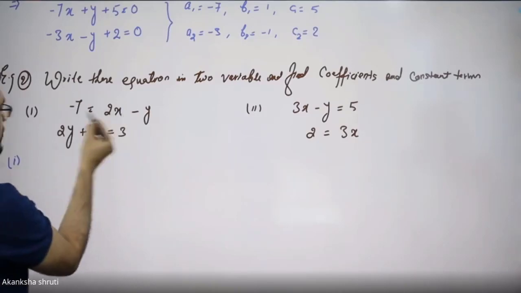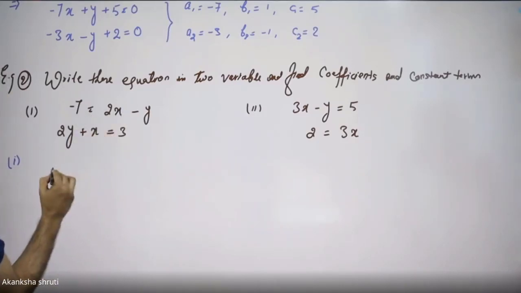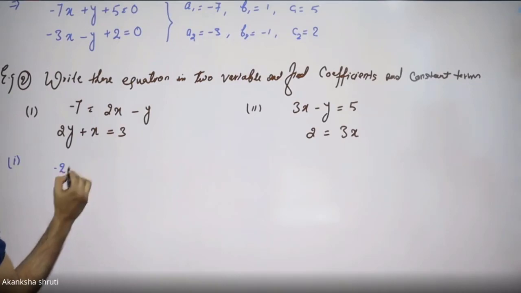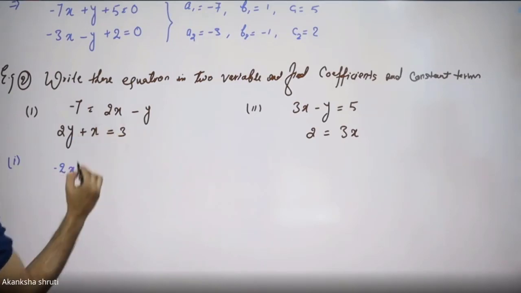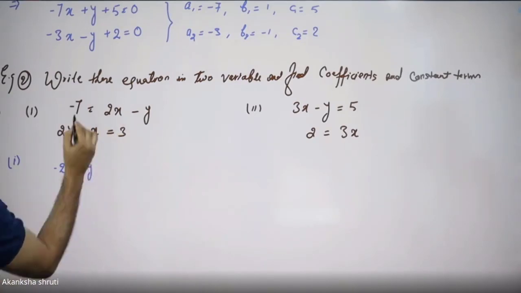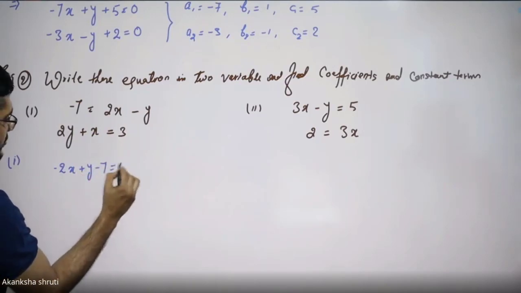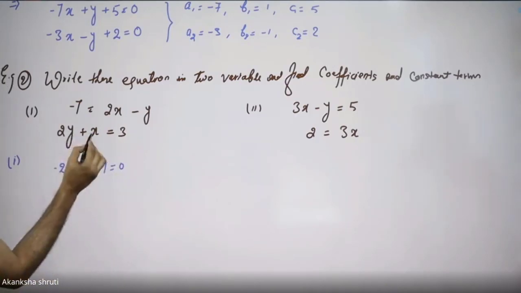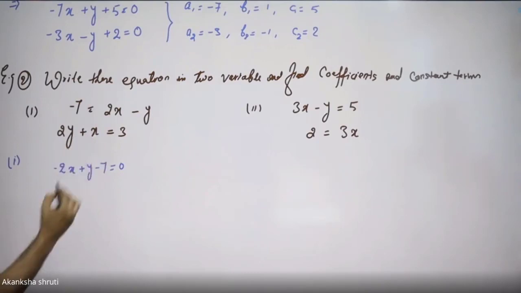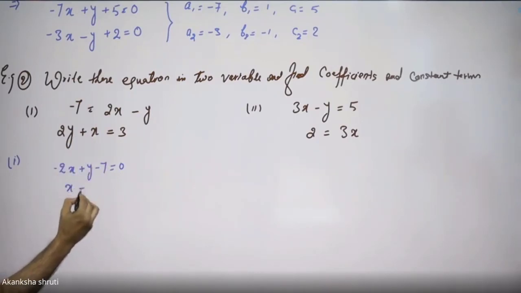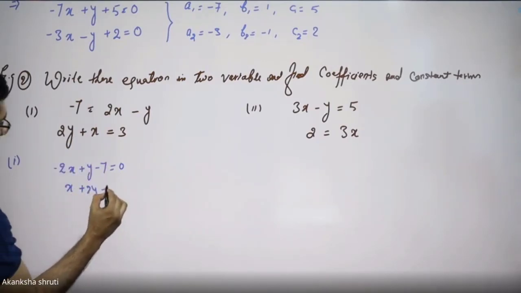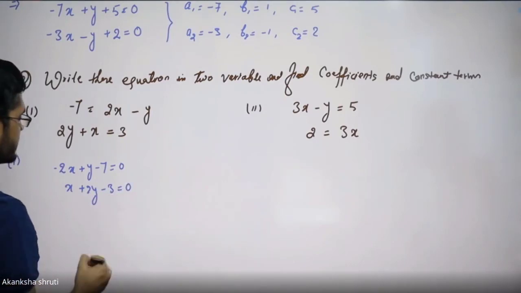bring all this on the left hand side, that is the better habit. So this implies minus of 2x, this y will come on the left hand side, plus 2y minus 7 is equal to 0, and the better habit is to write x first. So x plus 2y minus 3 is equal to 0.